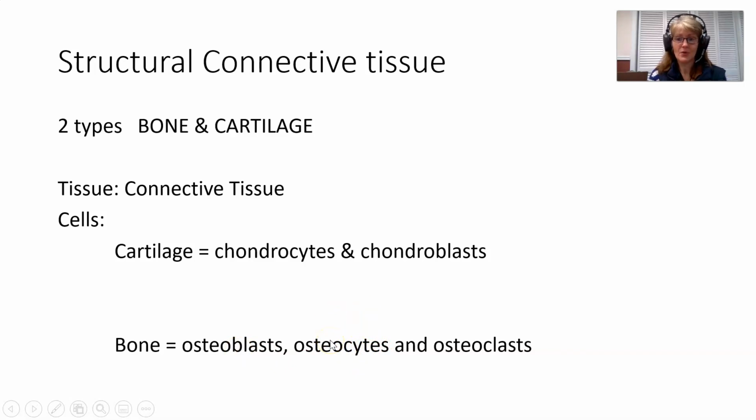And then in bones, we have a very different cell as well. These are osteoclasts that are going to chew up the bone and destroy it. And when we get to talking about bone more, you'll see the difference and why we need them. So cytes are going to maintain, blasts are going to build in the same way. Chondro means cartilage, osteo means bone.